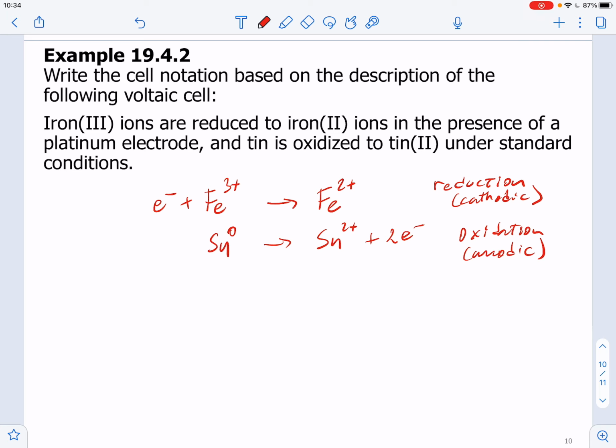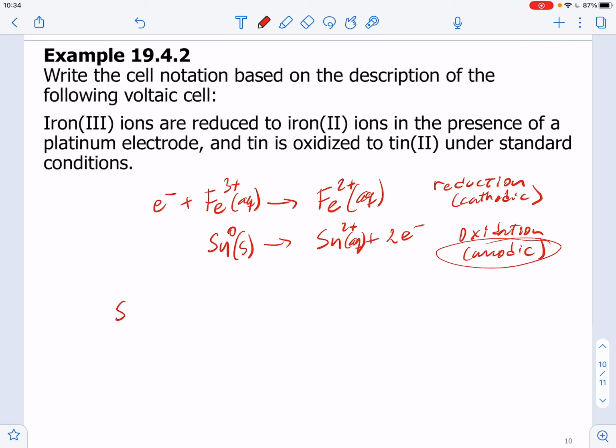So we don't really need to go and draw the full cell, we can just go with the cell notation, right? So we start with the anode. This is a solid and this is in solution, but here we have a problem because the iron is both in solution. Okay, so let's just start with the anode.